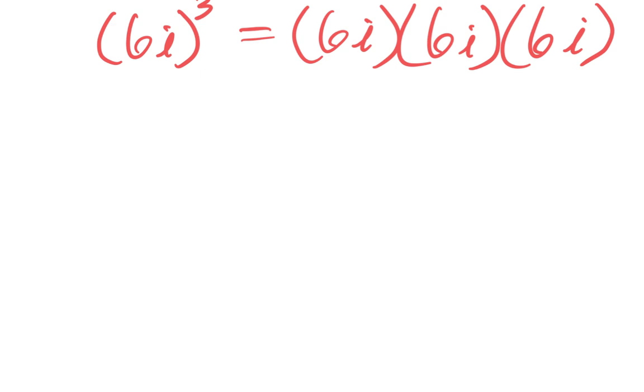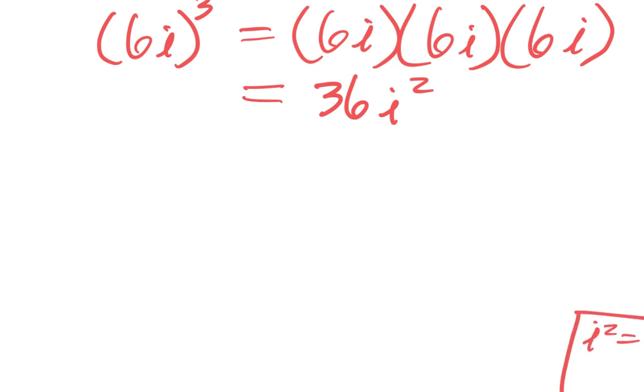Okay, so let's just multiply these two at a time. 6i times 6i, that is 36i squared. And we recall right down here that i squared equals -1, which means i equals the square root of -1. All right, so let's not forget that.